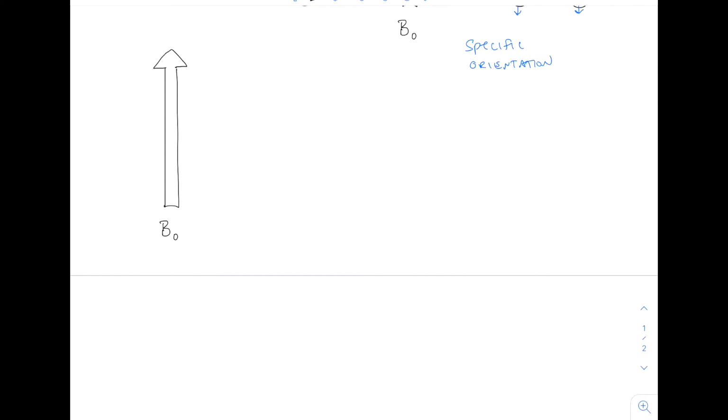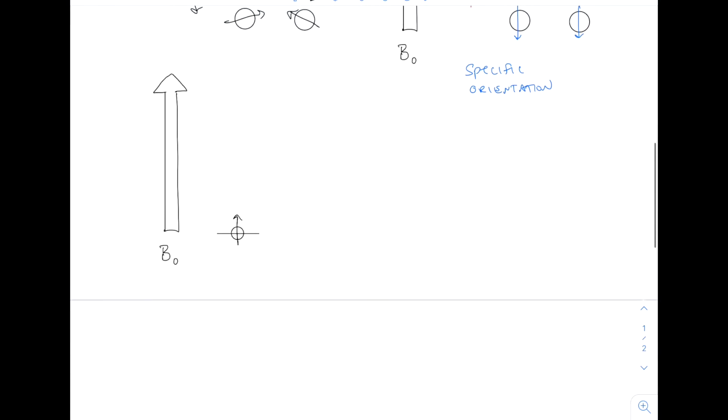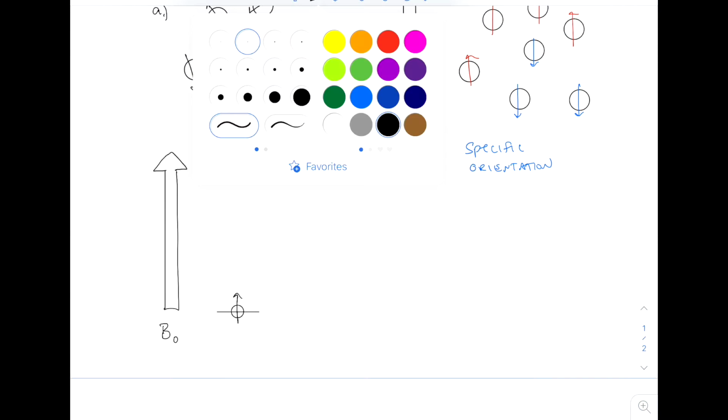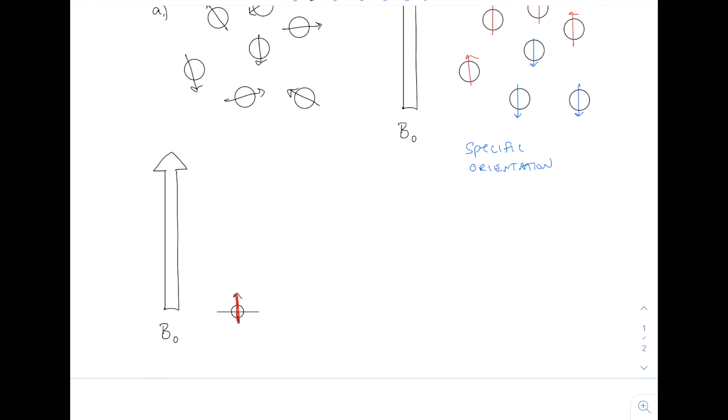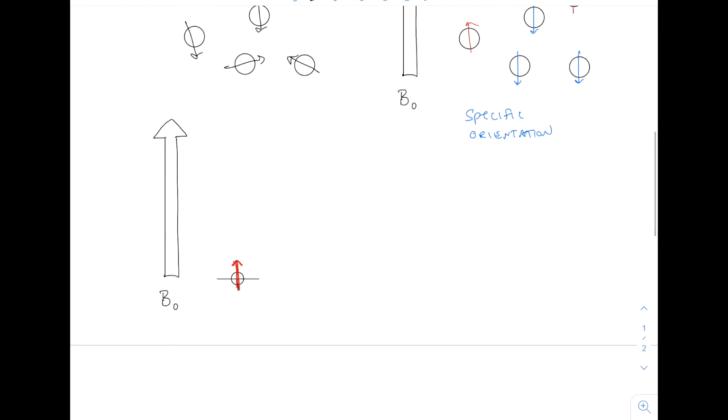We have one state for that nuclei, where the orientation is pointed in the same direction as the applied magnetic field. In this case, it'd be the red one. This is the low energy state. And when your nuclei absorb energy, they can cause a nuclear spin flip.